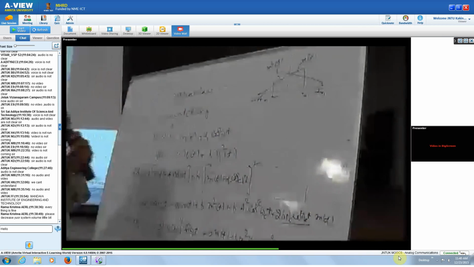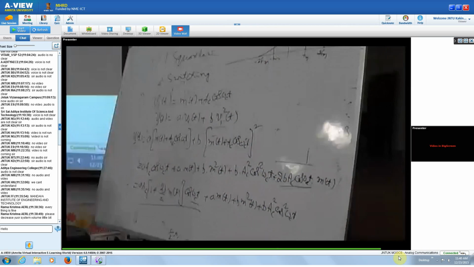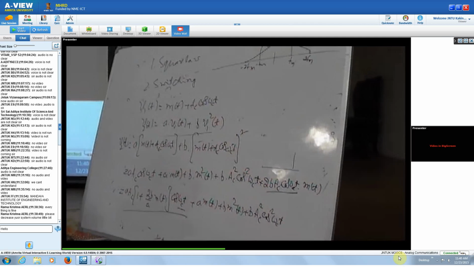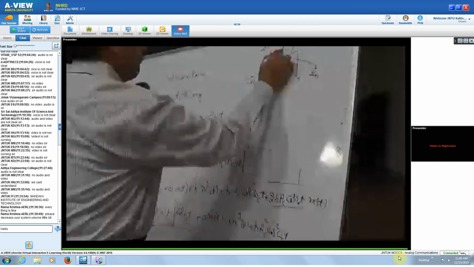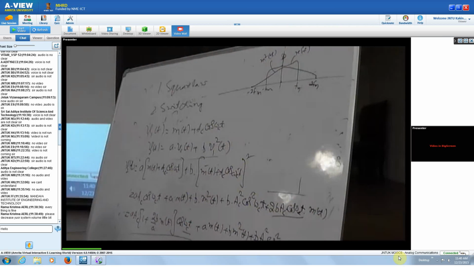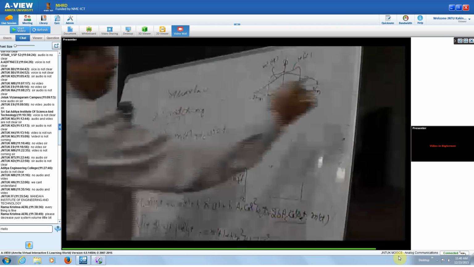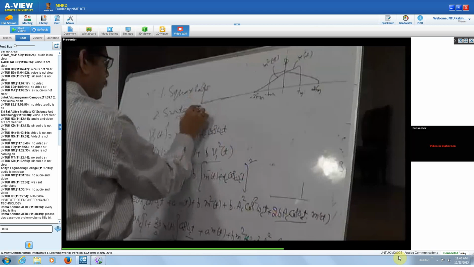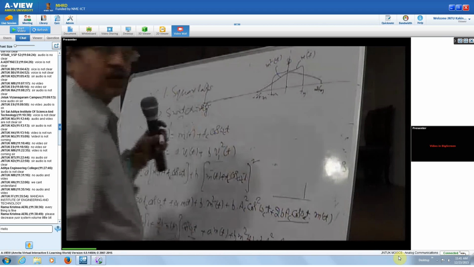Then what about Ac squared cos squared omega_c t? That gives a DC term plus a term at 2 omega_c t, that is 2fc, somewhere away, and minus 2fc.